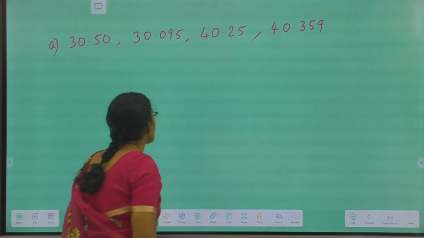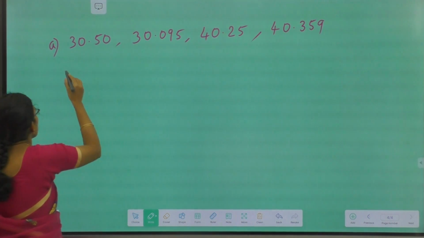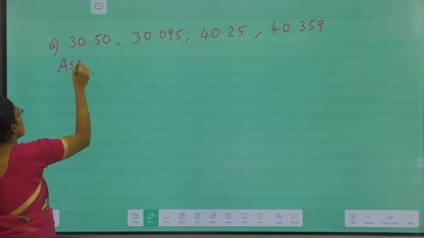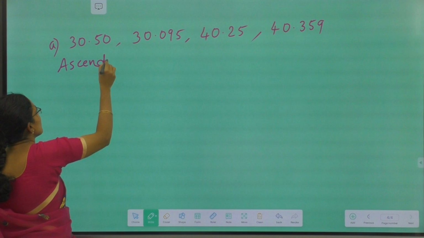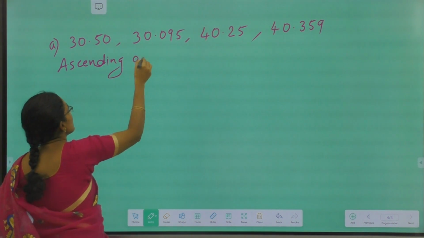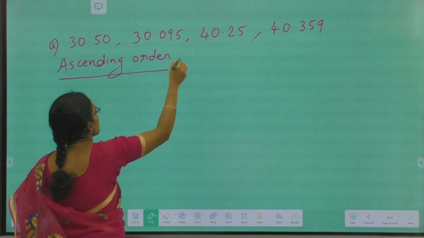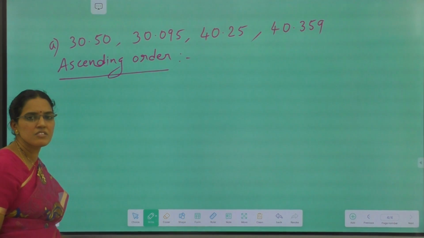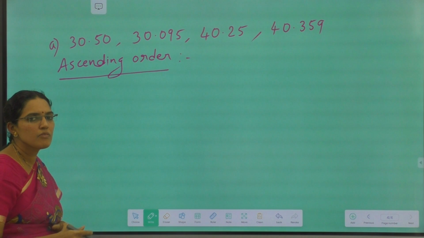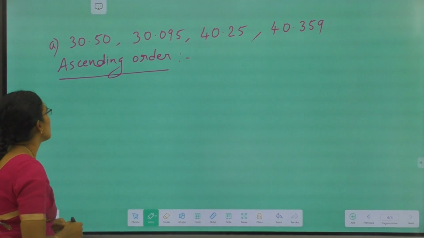If you want to arrange these decimals in ascending order, ascending order is nothing but arranging from the smaller decimal to the larger. If we arrange these decimals from small to big, then we call this ascending order.